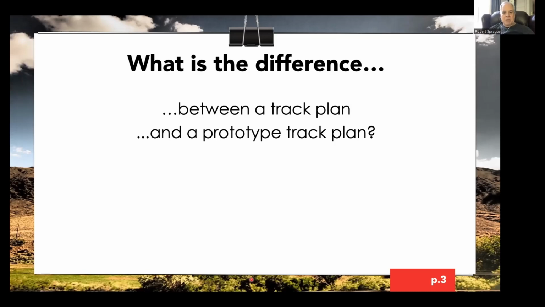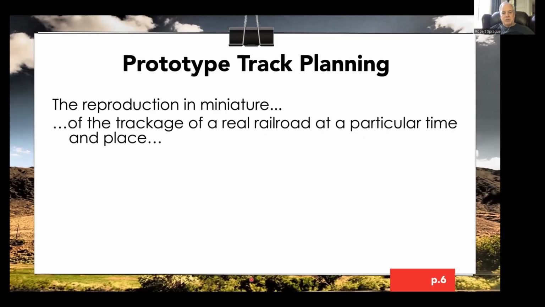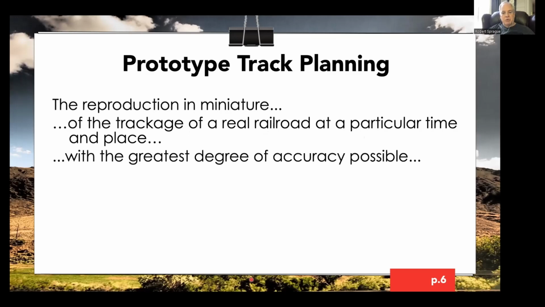The way I've come to define prototype track planning is the reproduction in miniature of the trackage of a real railroad at a particular time and place. So we're putting in not only what it is, but where it is and what time it is during the evolution of a railroad, with the greatest degree of accuracy possible.